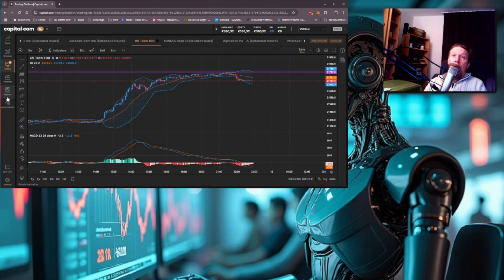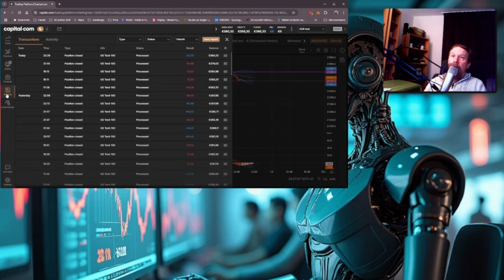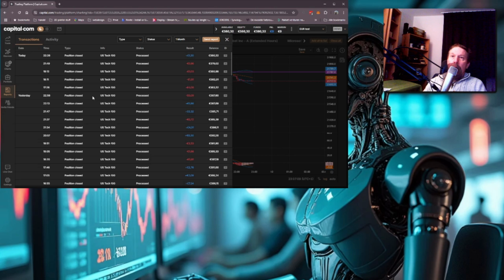Oh, I almost forgot. Let's take the reports of today. You see there were some positions opened, but small ones. The one he opened right away went to the stop loss, and then we had some smaller losses, and eventually we had a €1.30 profit, not for today, but for that position.